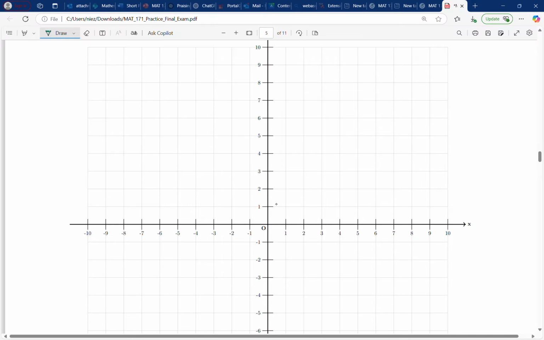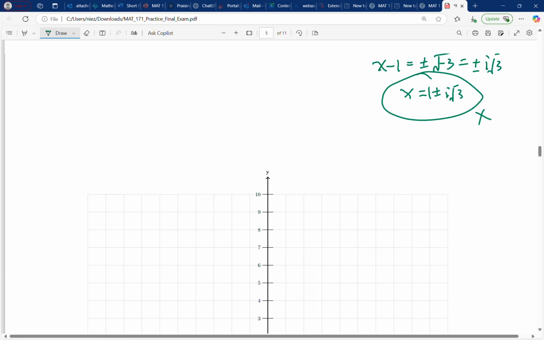We plug those values into the graph. So this is negative square root of 5, negative 1, square root of 5. Square root of 5 is a number close to 2.